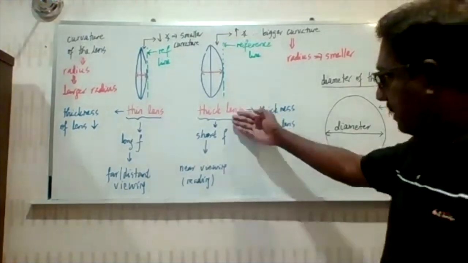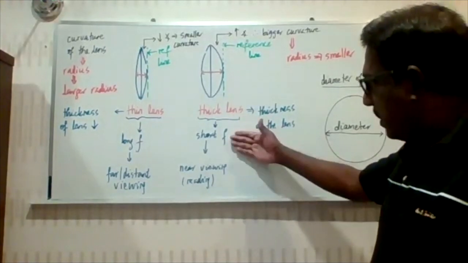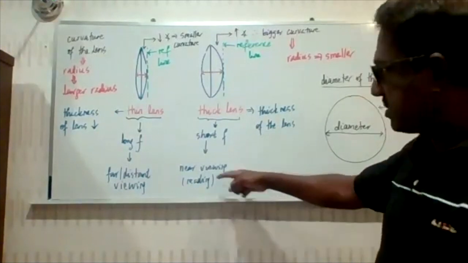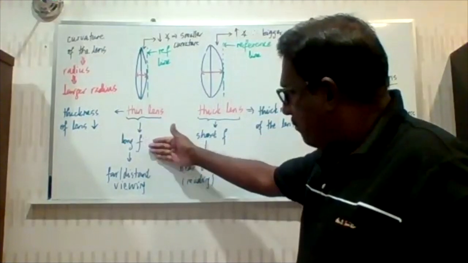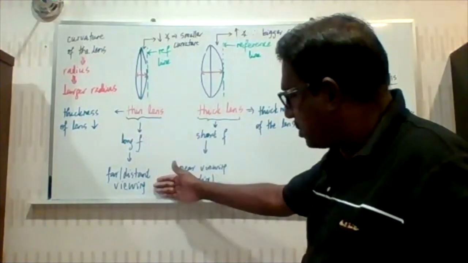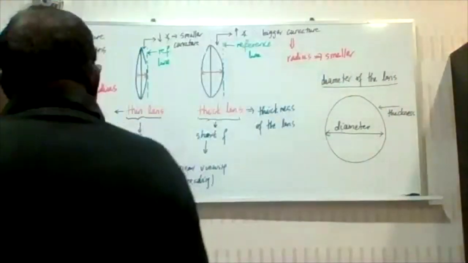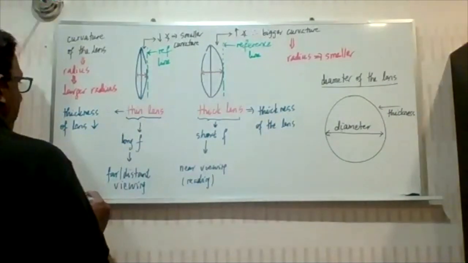Remember, a thick lens must be associated with short focal length. Short focal length must be associated with near viewing for reading purposes. A thin lens must be associated with long focal length. Long focal length must be associated with far distance viewing. For far distance viewing, you need low power.